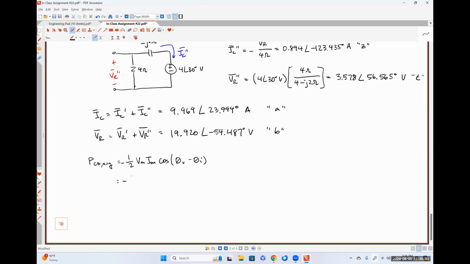So that's going to look like negative 1/2 times 19.920 volts times 12 amps cosine negative 54.487 degrees minus 0 degrees.